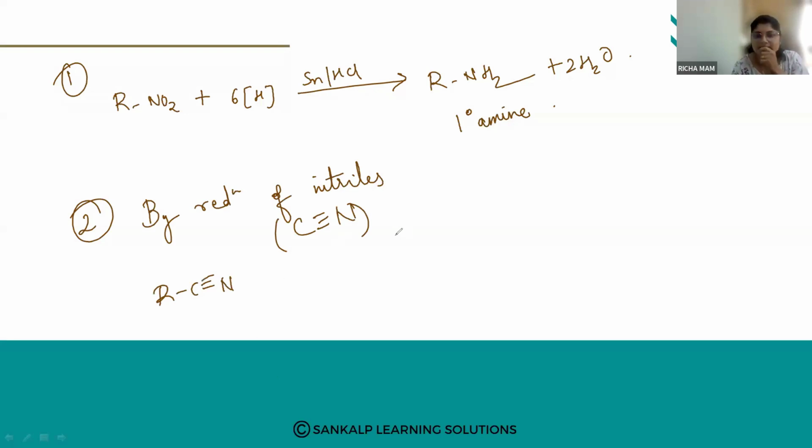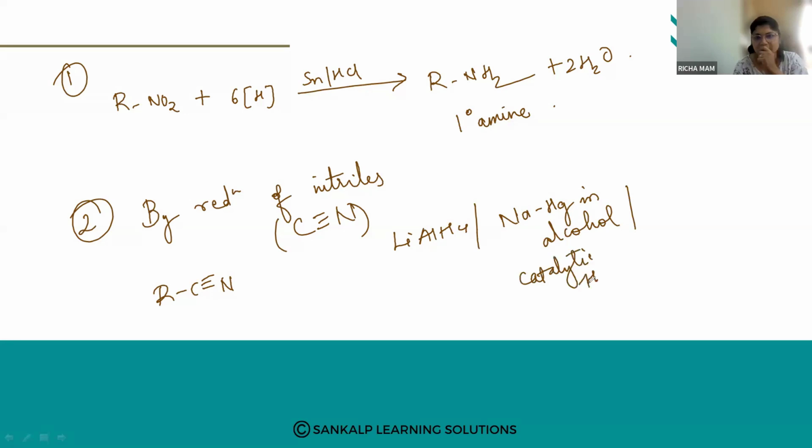How are we going to do the reduction? In the presence of either lithium aluminum hydride, which is a strong reducing agent, or you can use sodium amalgam in alcohol, or catalytic hydrogenation.